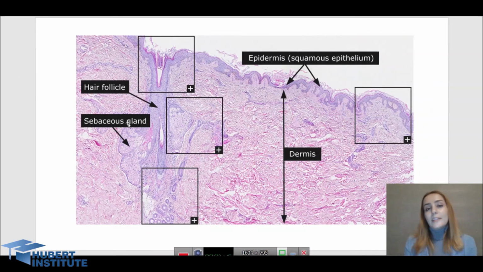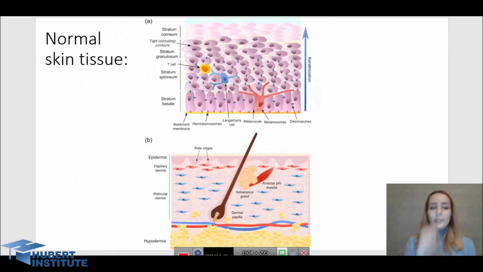But to study that, we use pictures and drawings that make it easier for us to study the pathology of the skin. These two pictures are ones I chose for you to explain.